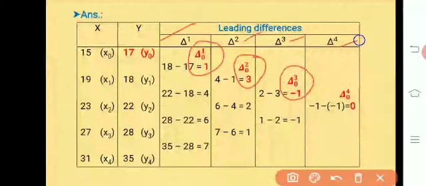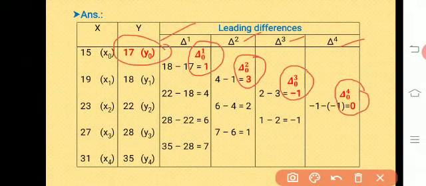And under delta raised to 4, the first value is 0 and it is denoted by delta 0 raised to 4. So these values we need for further solution. Also we require first value of y and it is denoted by y0. So these values we are using for further solution.